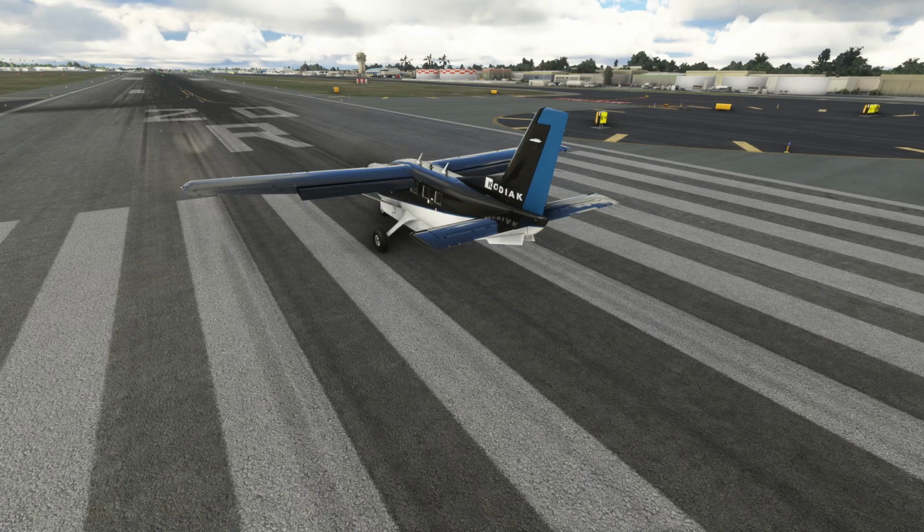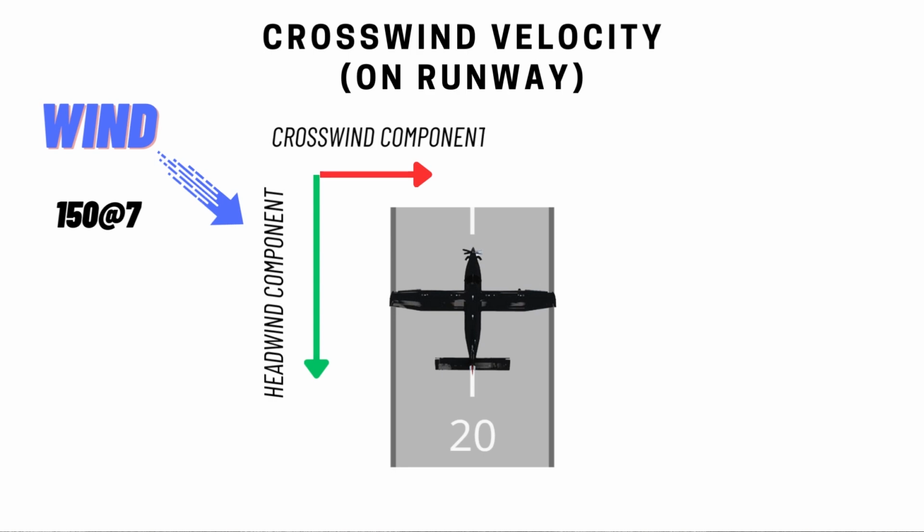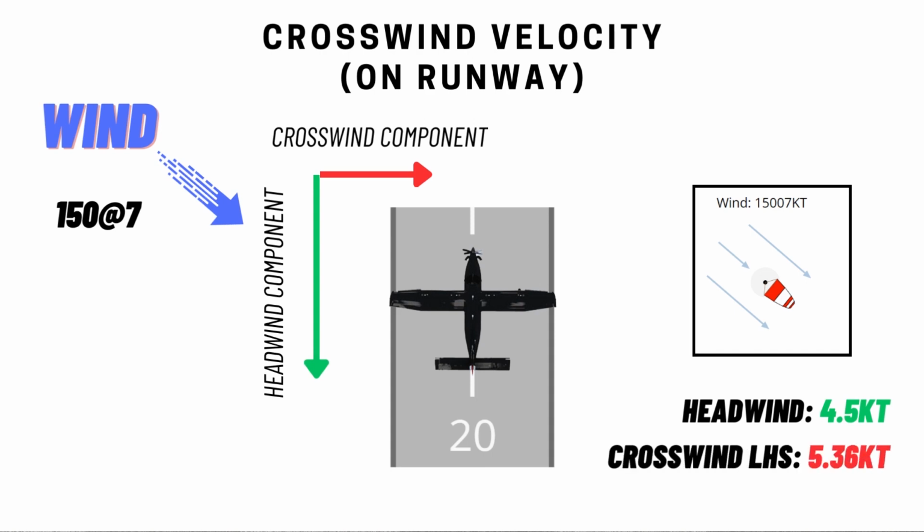And if we have a look at this little diagram here, that shows what I'm talking about. So we have the wind 150 at 7, and you can see that splits into a crosswind and a headwind component. And using a calculator, that will tell us that we have a headwind of 4.5 knots and a crosswind from the left of 5.36.